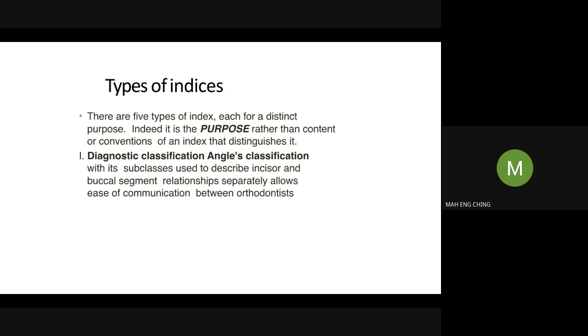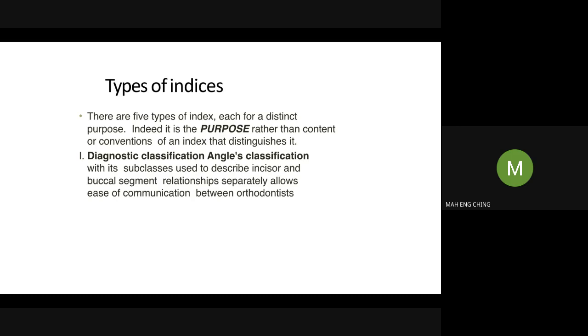For diagnostic and classifications, we use the Angle and the British Standards Institute classifications, BSI. The most common is the Angle classification, a subclass used to describe the incisor and buccal segment relationship separately, for ease of communication between orthodontists.